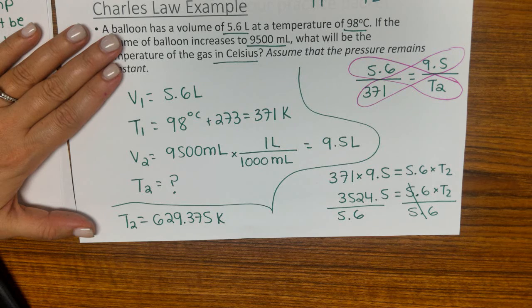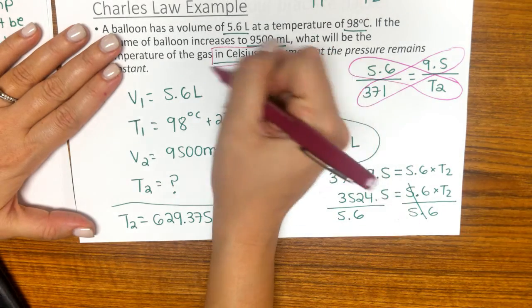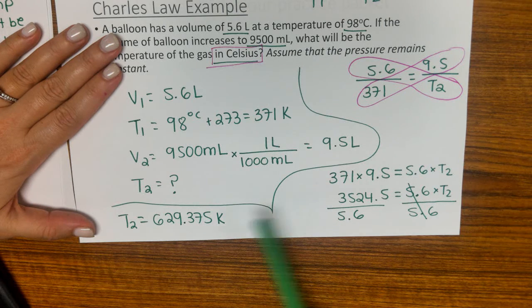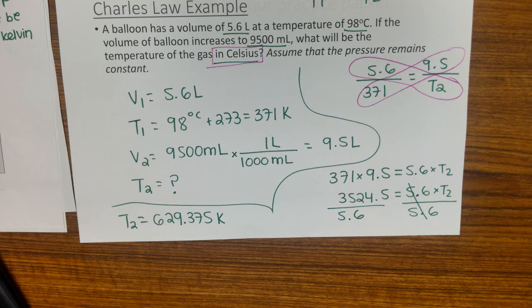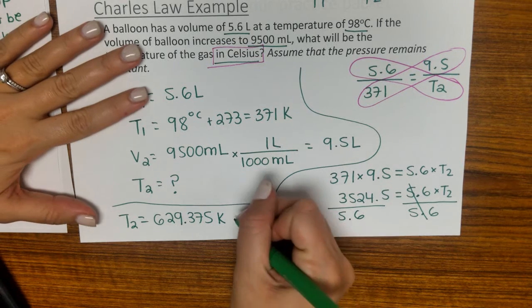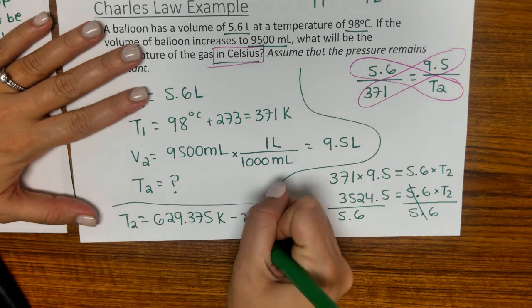Now, the question didn't ask for temperature in Kelvin. It asked for the temperature in Celsius. So we would need to convert this back to Celsius, and then we would have our final answer. And if you have Kelvin to go to Celsius, you're going to subtract 273.